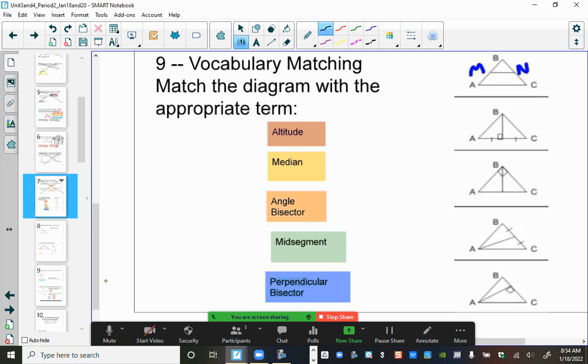So for instance, this first one right here, in this segment, that's the only time you might have to worry about the midsegment. It's in a vocab question. You just have to know where it is.